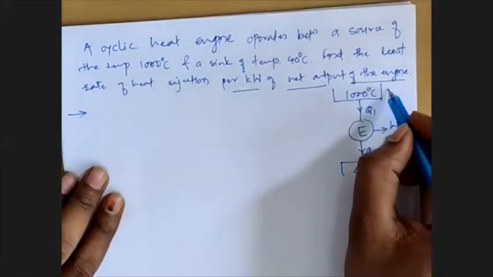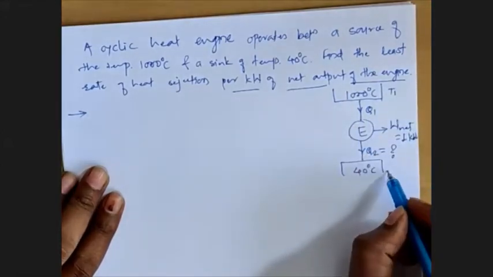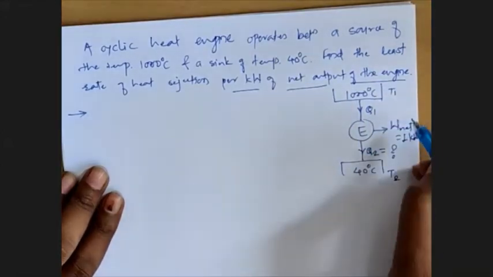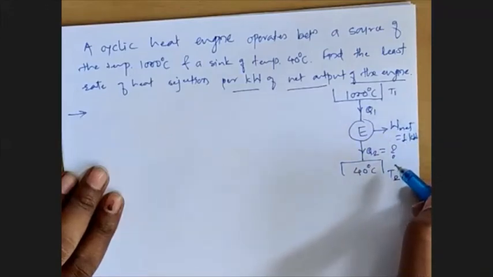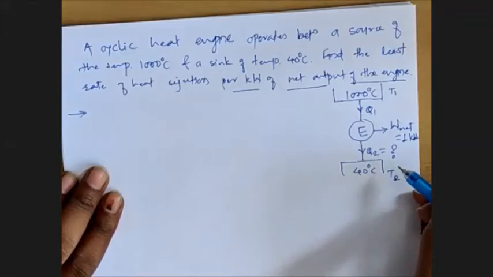We know the T1, we know the T2, we know the W, and we have been asked to calculate Q2. What should I do first and then proceed? Anybody?